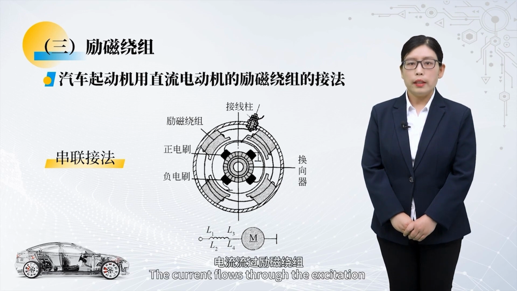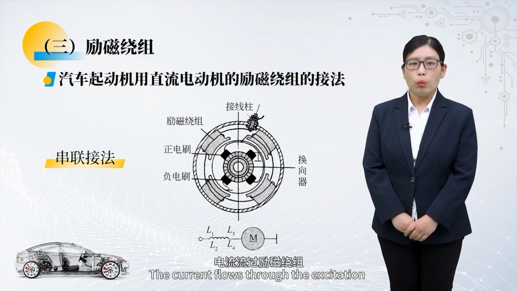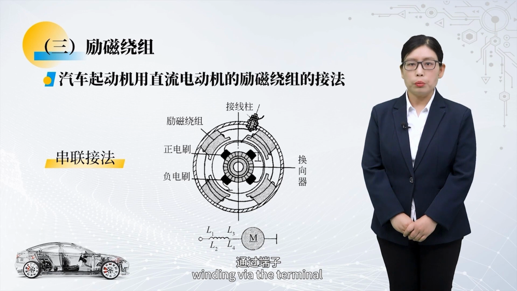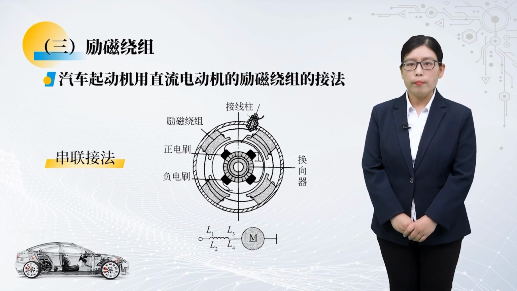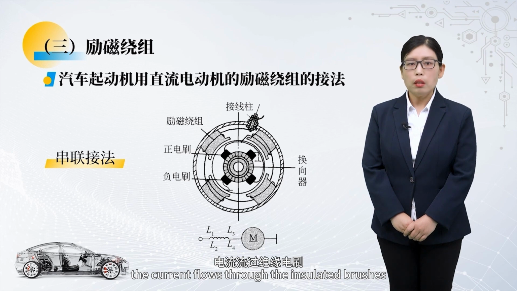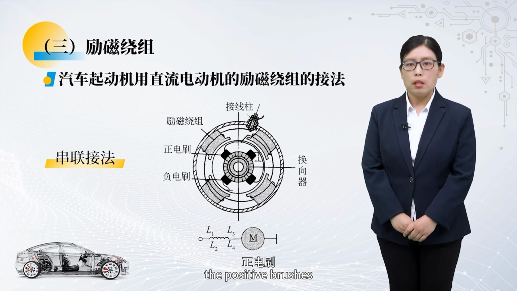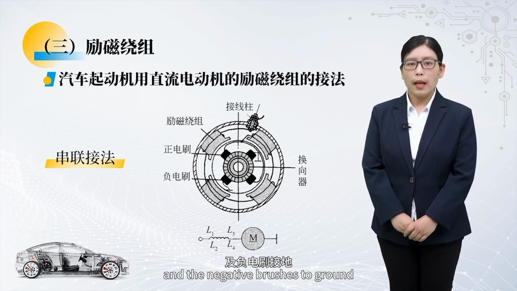The current flows through the excitation winding via the terminal, through the connection of commutator and brushes. The current flows through the insulated brushes, the positive brushes, into the armature winding, and finally through the grounding brushes, the negative brushes, to the ground.